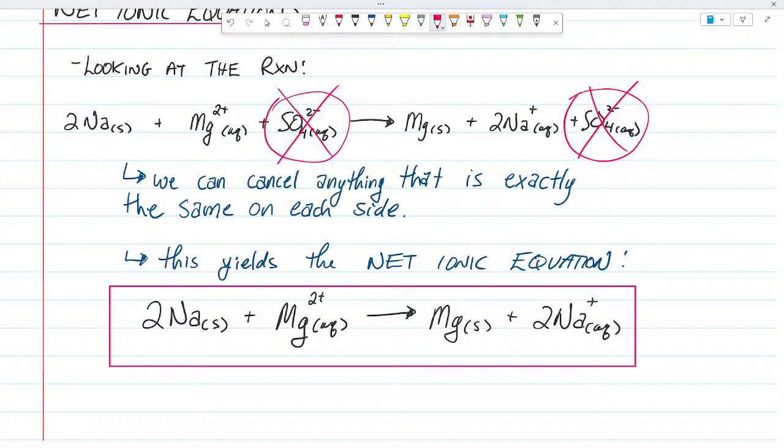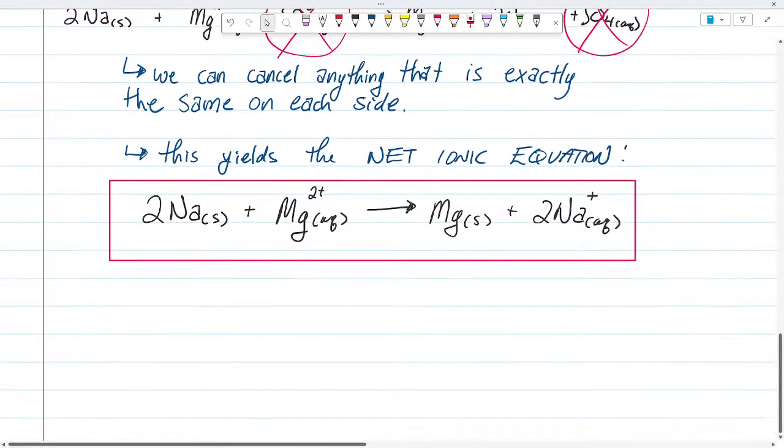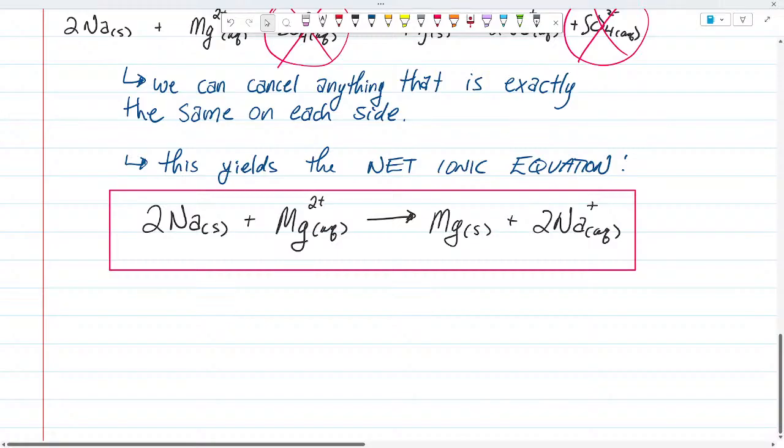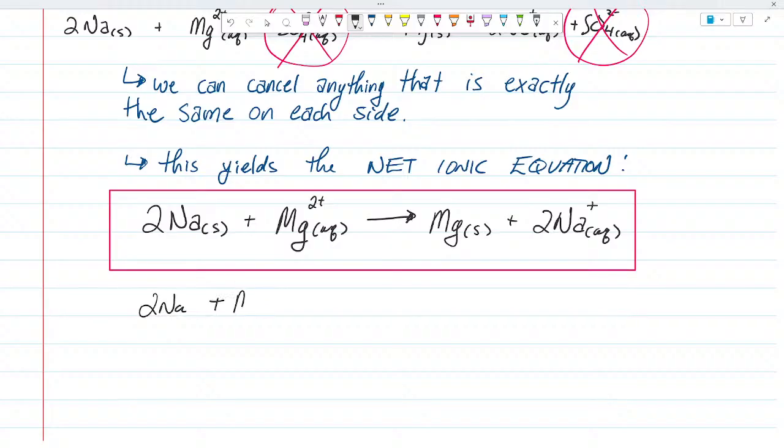Oh, again, the reason you would do this is to help you understand. So if all you're doing is laying out what reaction you're going to do, you just write the balanced chemical equation. But if you think about it, the balanced chemical equation for this, right, is 2 sodiums plus magnesium sulfate yields magnesium plus Na2SO4, right?